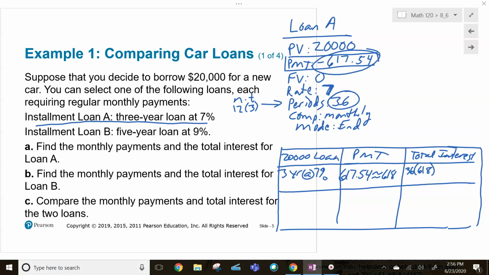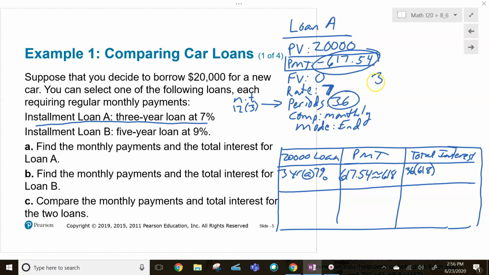So that's how much I actually pay for the car. So 36 times 618 is 22,248.